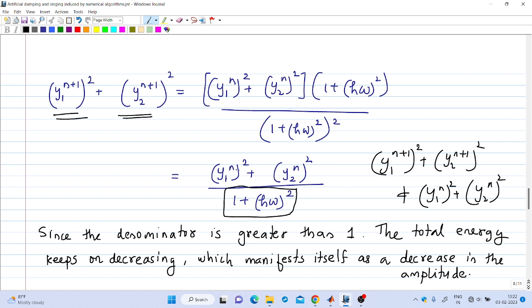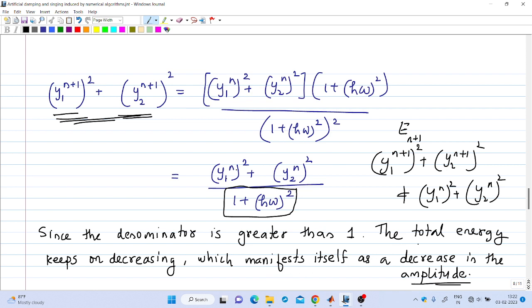So y1 n square plus y2 n square is less than this left hand side. So the energy at the n plus 1th instant is now less compared to the energy at the nth instant. So the total energy keeps on decreasing, which is manifested as decrease in the amplitude.